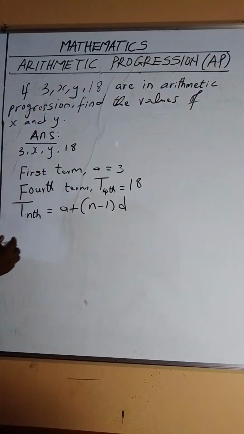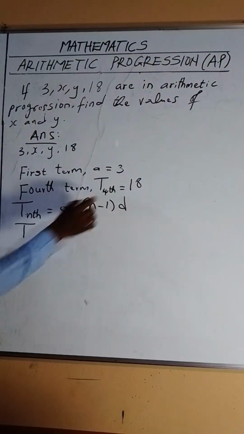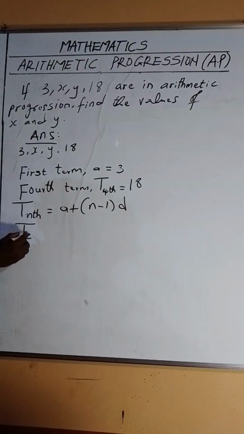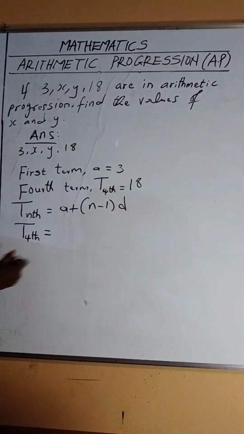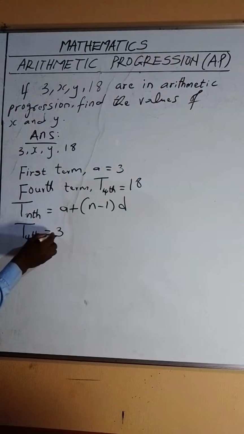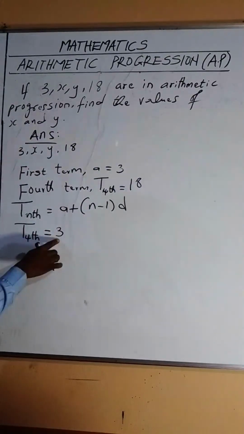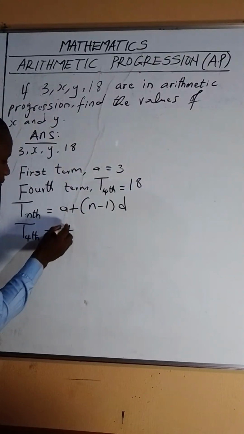So what it means is that for our T fourth, where we have N here, replace it with 4. So that gives T fourth, right? 4 has replaced N, equals A. A is 3, so we are going to replace it with 3, then plus.